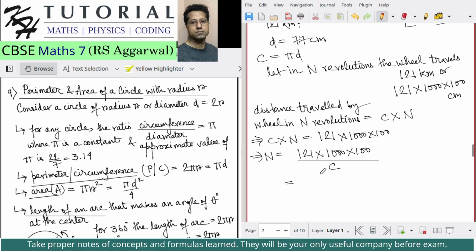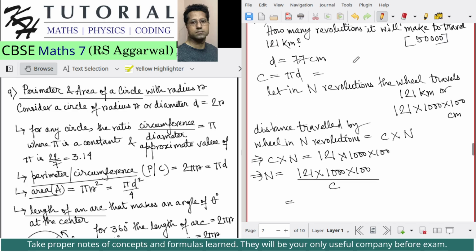C is equal to pi d. We are taking the value of pi as 22 by 7. So pi d will be 22 by 7 multiplied by d, which was 77, which is equal to 22 multiplied by 11. So 22 multiplied by 11, this much centimeter is the circumference.